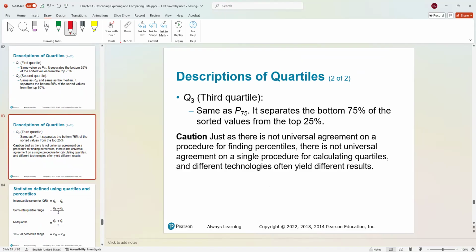So finding values of quartiles can be accomplished with the same procedure used for finding percentiles, right? Just as there is no universal agreement on the procedure for finding percentiles, there is no universal agreement on the procedure for calculating quartiles. And different technologies often yield different results.